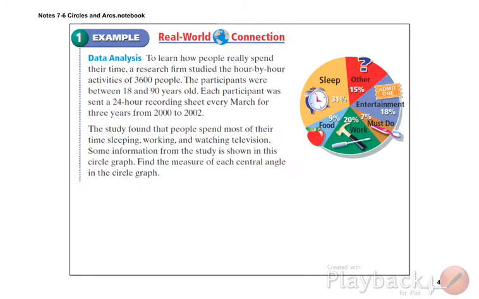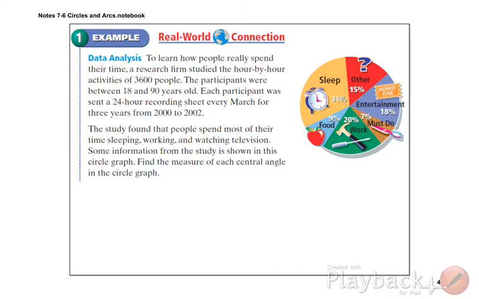Now we're going to talk about a real-world connection example. Here on the right we have a pie chart, broken up into different sections. It's a graph that studied hour-by-hour activities of 3,600 people.